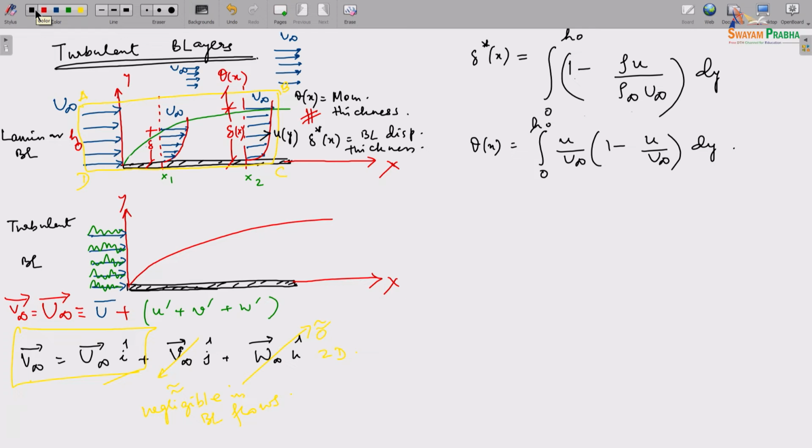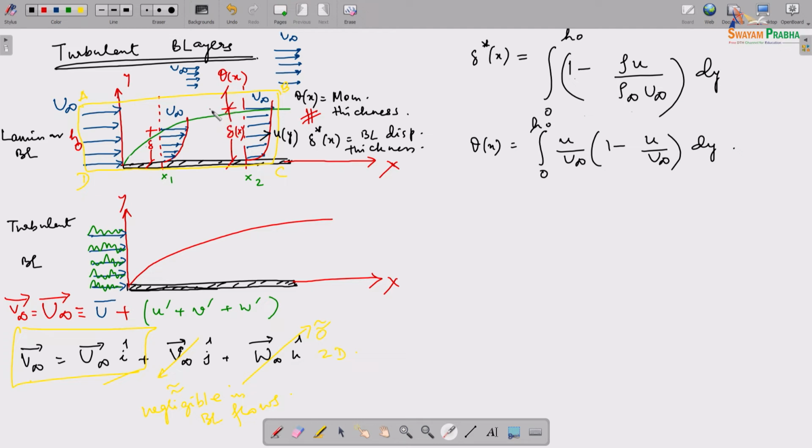Okay. So, how do I calculate the delta x here? The delta x, which is the boundary layer thickness, is how I calculate that. I start from the plate, which is y equal to 0. I keep moving away with y increasing.